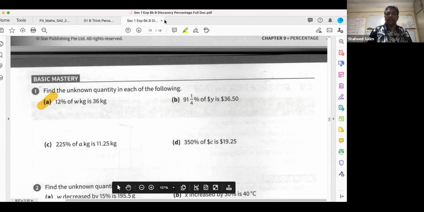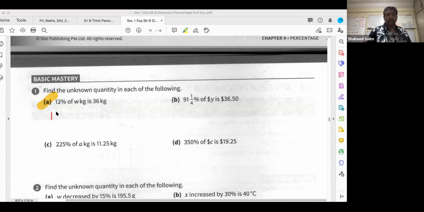Try to fill in the blanks here, if you can. This one is what you fill in. I'm helping you in filling in. If you can, you fill in this one. You must know where to put the 36.